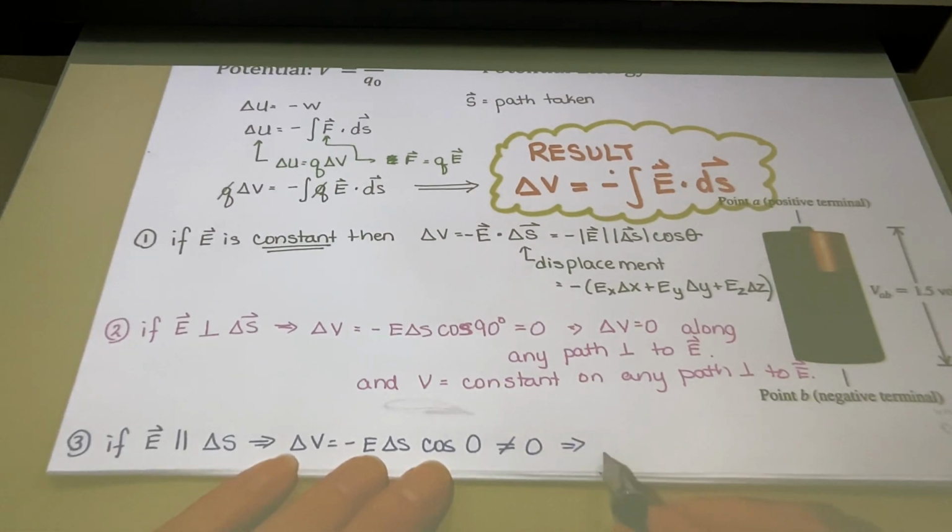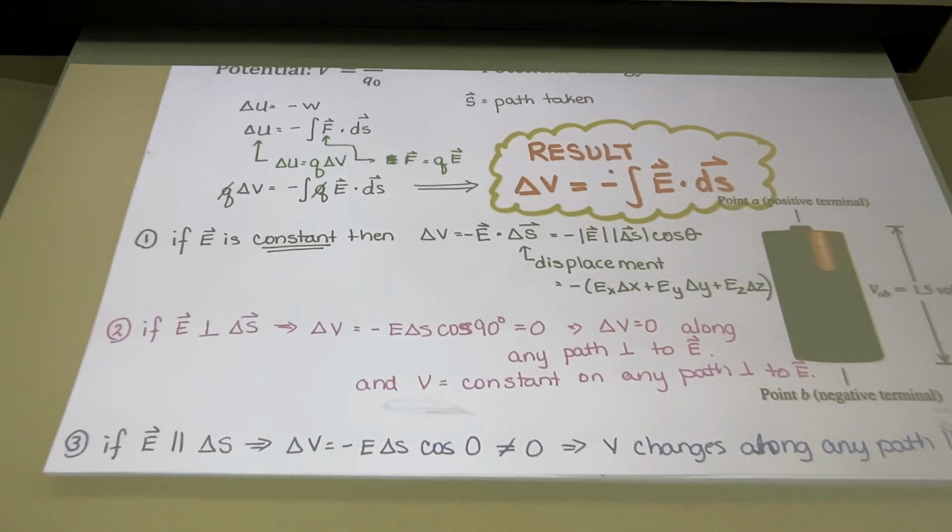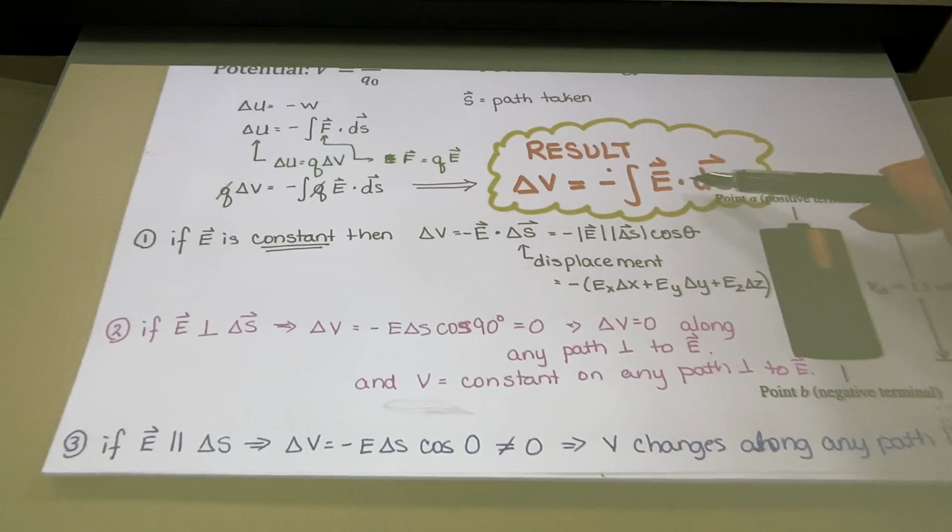So delta V is non-zero, means V changes along any path parallel to E. So if you move perpendicular to the electric field lines, no change in potential. Parallel to the field lines, there is a change in potential. Okay, so that tells us all about that dot there.